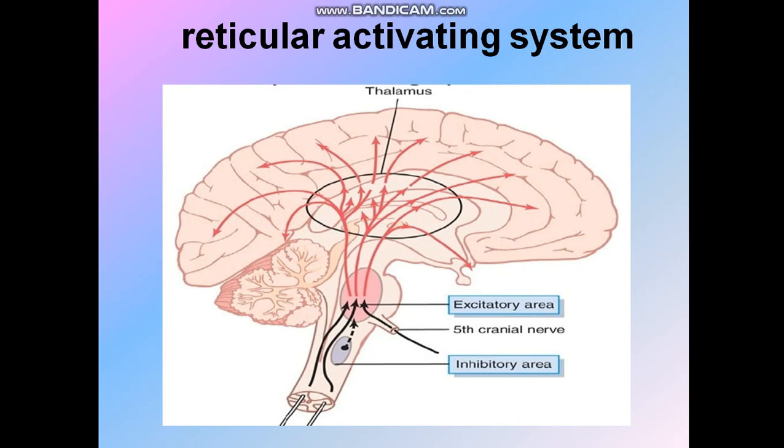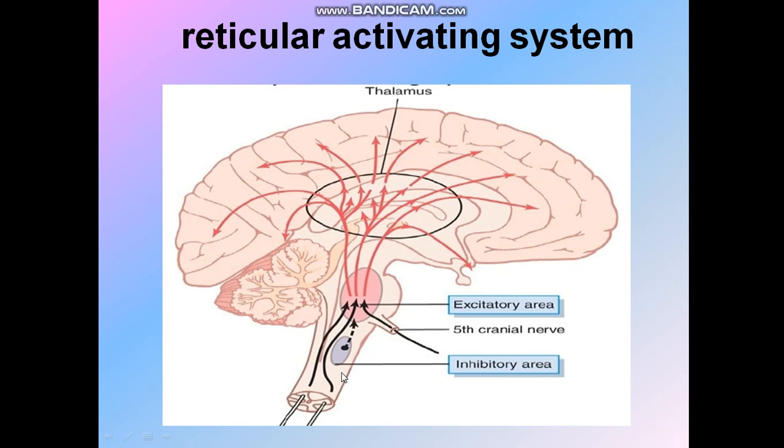Now we come to the reticular activating system. This is what is called the reticular activating system of the brainstem. It is composed of a larger upper excitatory area in the pons and the midbrain, and a smaller medullary inhibitory area in the medulla.